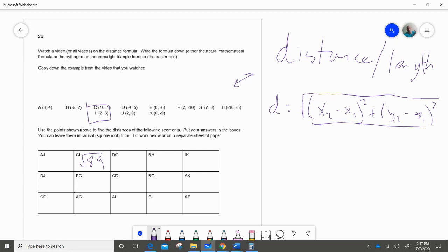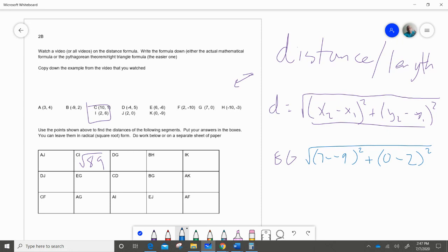All right, let's look at BG. Use a different color here. Let's go blue. So for BG, we have a big old square root. We're going to subtract the x's and square it. So we have 7 minus negative 9 squared, and then we have 0 minus 2 squared.